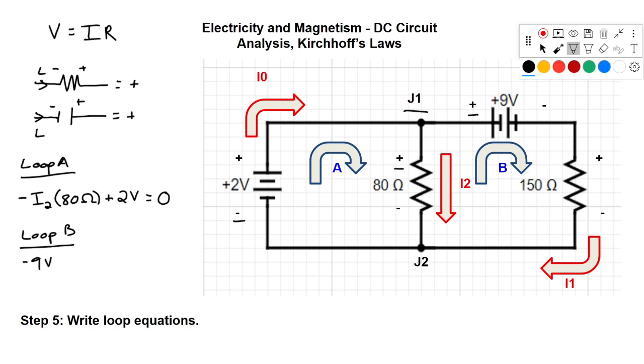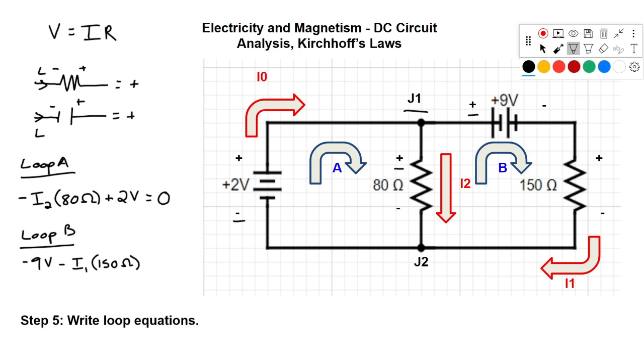The next thing we're going to hit is that 150 ohm resistor. We'll hit the positive terminal first, then the negative terminal. So again, that's a negative. What's the current through there? Well, that current is what we called I1, and the resistance is 150 ohms. So I times R is going to be our voltage.